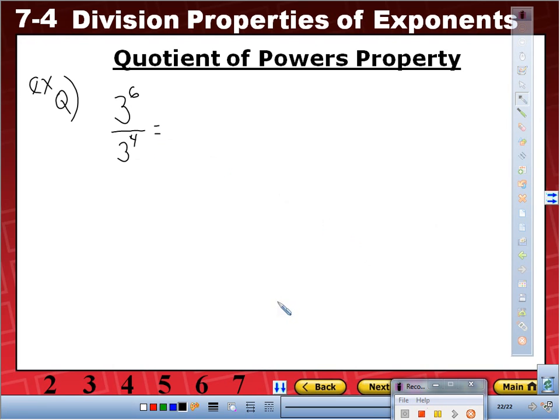Okay, pens down really quick. Before I do this, check this out. I'm going to leave a space here so I can explain why I get this simplification, okay? But I'm going to get the simplification so you can see what's going on.